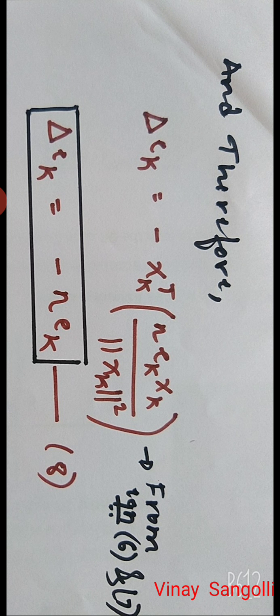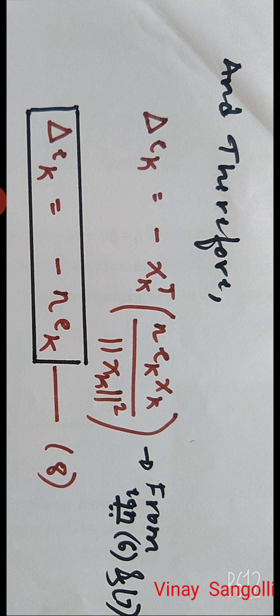Thereby it would look something like this: delta of E of k is minus x transpose into eta into E of k into x of k divided by mod of x of k the whole square. Here all the other terms get cancelled. The final thing remaining is delta of E of k is equal to minus eta into E of k. So what is one thing you can observe from this equation, equation number 8?